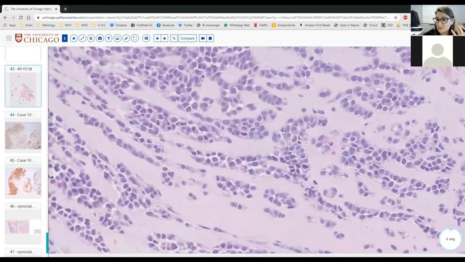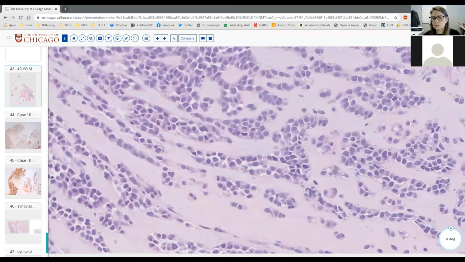What else with this round, right? If you're saying small round blue cell or at least round cell morphology, what types of tumors have round cell morphology? Ewing, malignant melanoma or something else? Multiple myeloma? Yes, multiple myeloma or plasmacytoma.